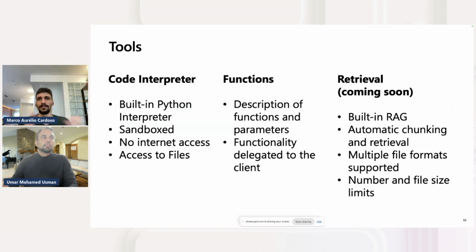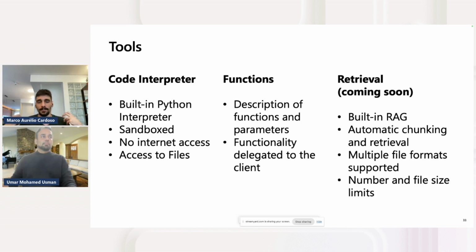So by default, we have these three. Actually, the first two are available in public preview right now. Retrieval is coming very, very soon. We hope to see it really in a matter of a couple of weeks or months. So code interpreter, it's basically a built-in Python interpreter.